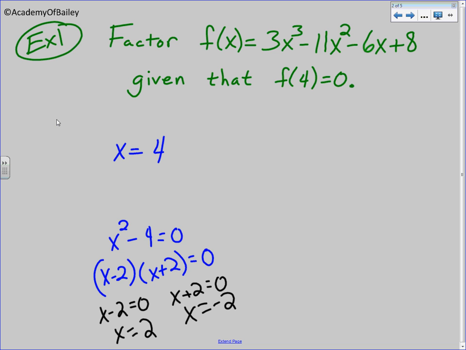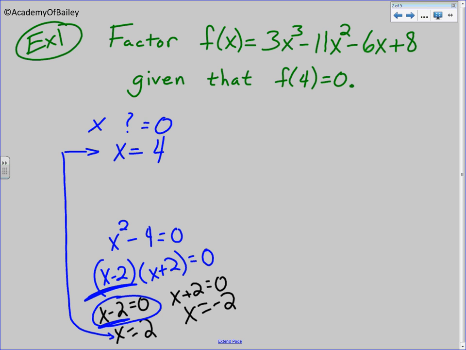Well, you notice where we're at. We are here at the very bottom step. Can you come up with the parenthesis? So we're going to say x plus or minus some number is going to give us 0. Remember the 0 there?